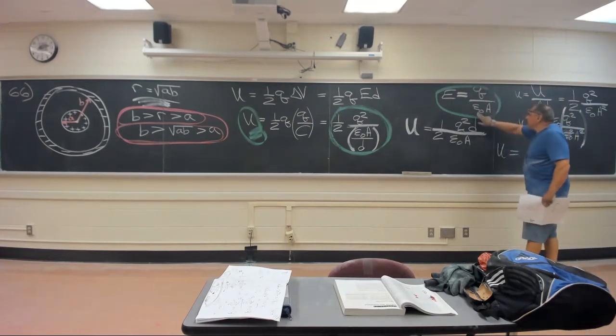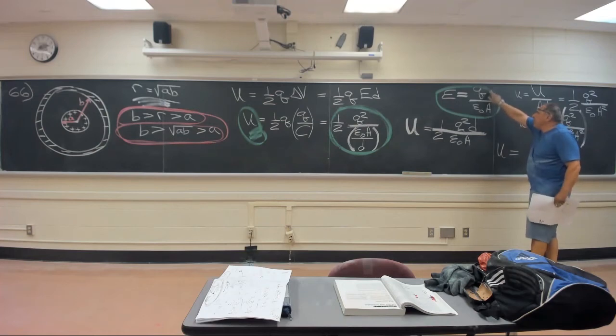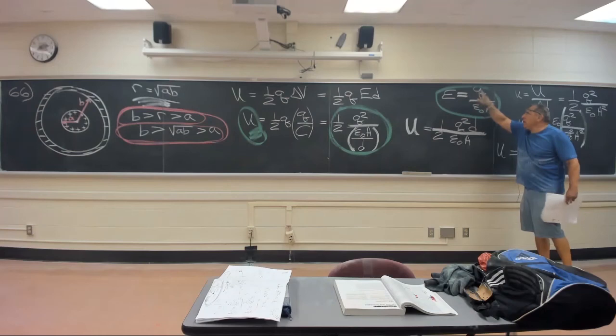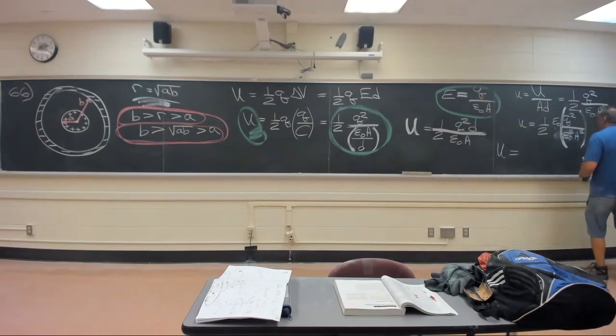This is Q, this is epsilon naught, this is A. Q over the product, epsilon naught A, is equal to E. E equals Q over epsilon naught A.